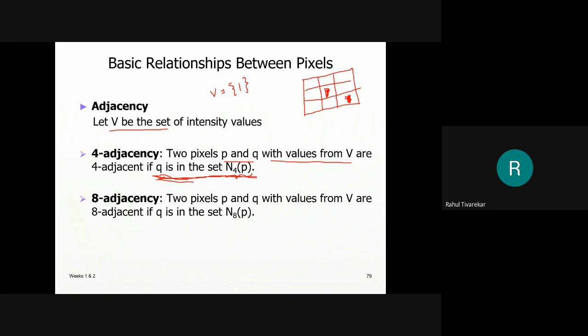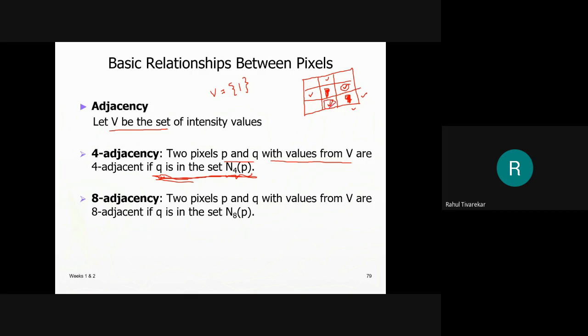Then we have to examine the four neighbors, that is this position, this position, this position, and this position for pixel P. And similarly for pixel Q, we examine this position, this position, this position, and this position. So which are the common positions? This and this position are common.